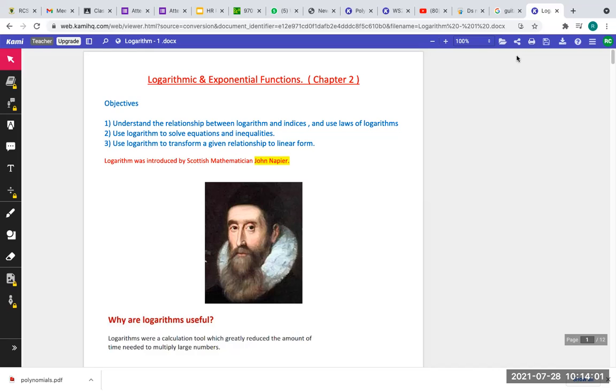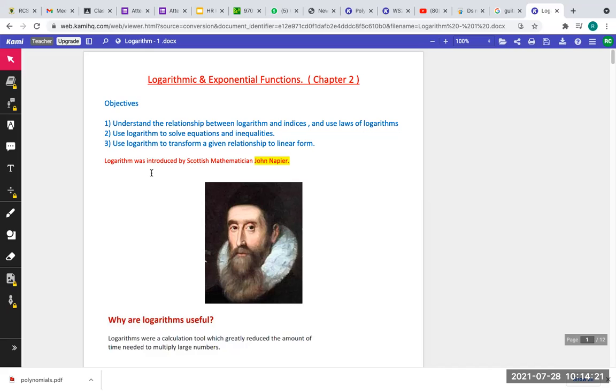Basically, we call it linear law, right?